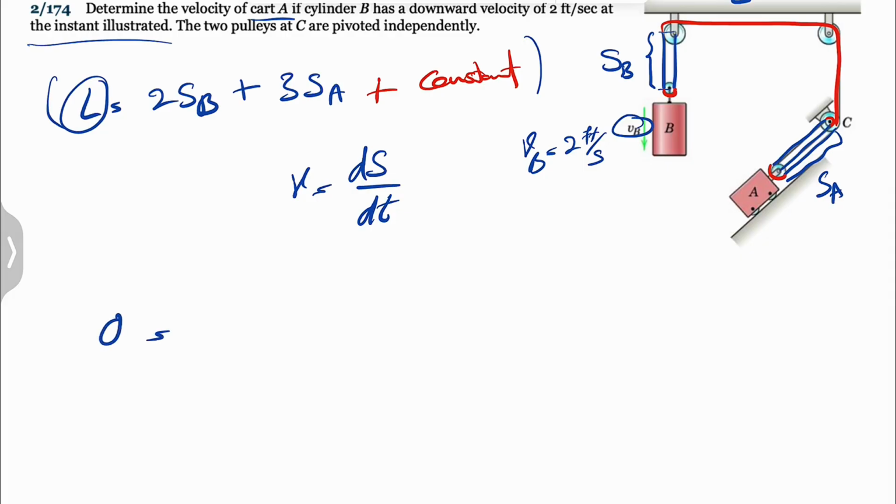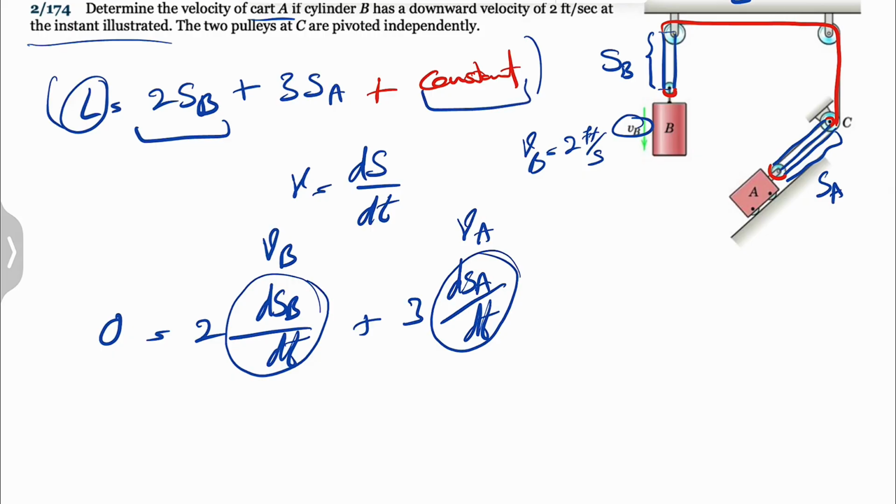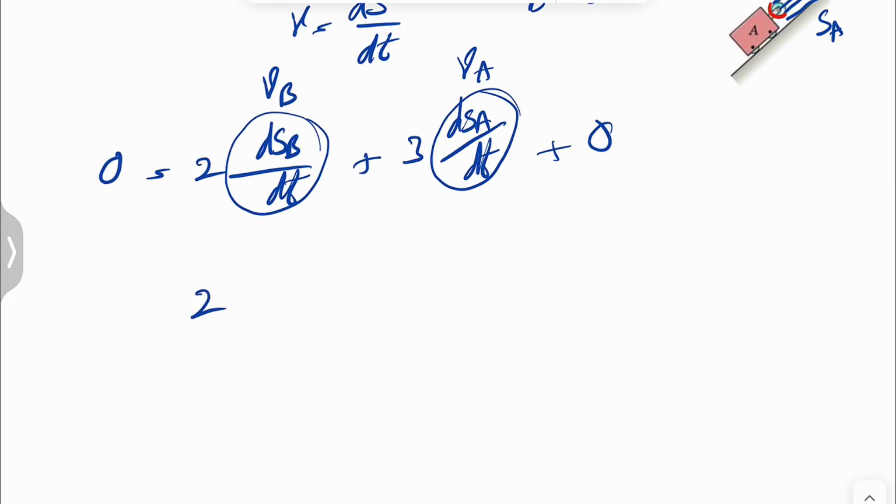For this part, 2 is our constant, so no change there: dSB over dt, which is the velocity of B, plus 3 dSA over dt, the derivative of the distance with respect to time, VA. The other constant, just like L, is 0 too. So now we have the relationship between VB and VA.